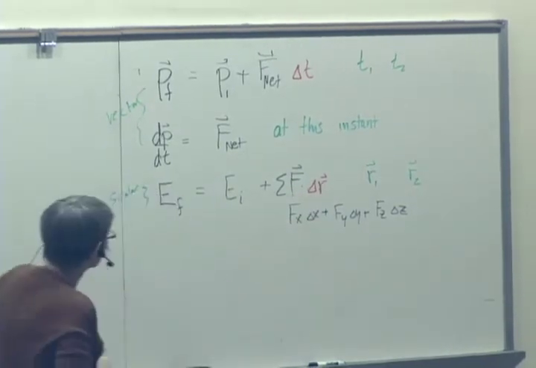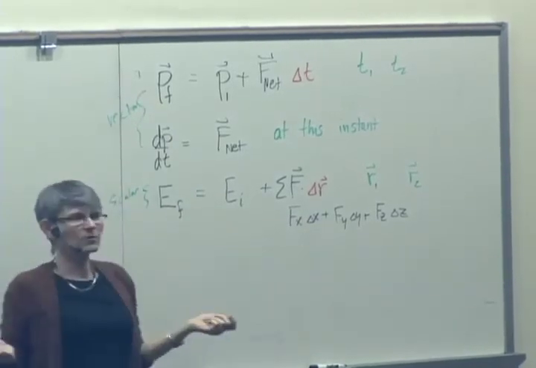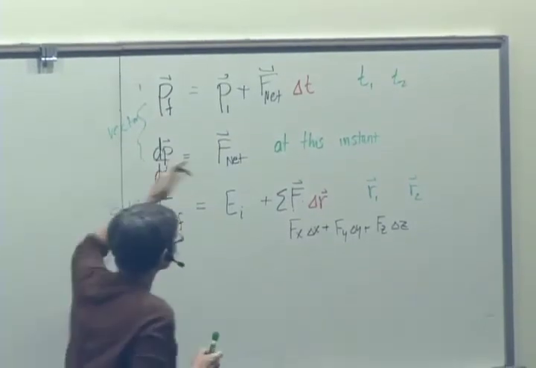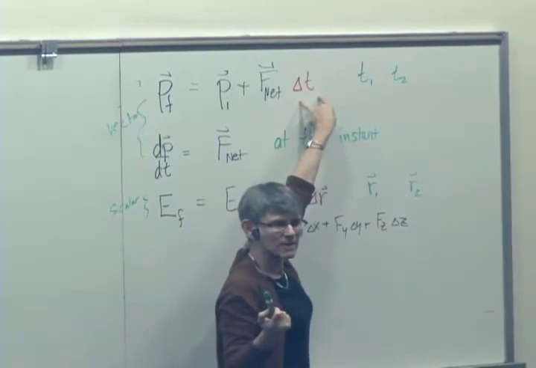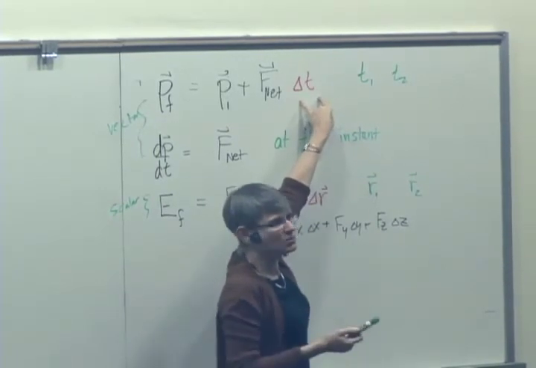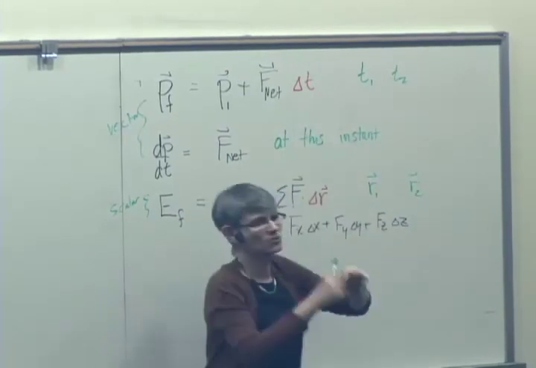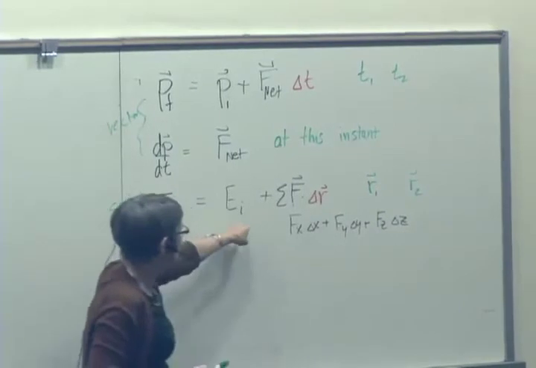So you can think about a problem that's posed to you even without actually looking for what's being asked for. If you're given two times, that suggests that you might look to see if you could apply the momentum principle. If you're given two positions, locations, separations, that sounds more like the energy principle.